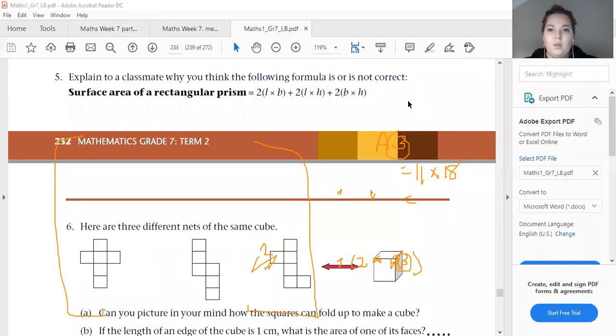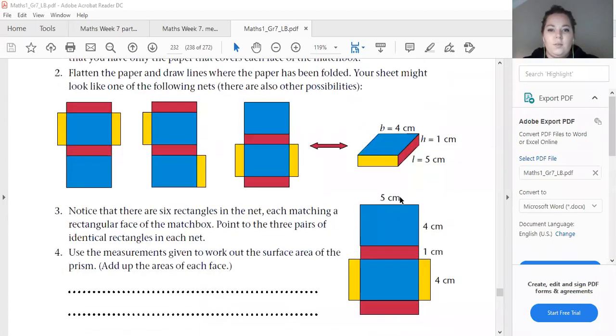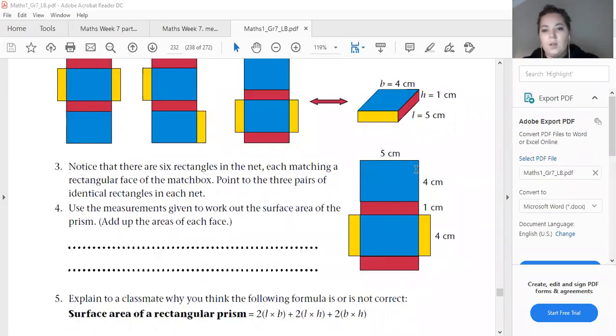Let me just remove this. So what happens is you've basically got this shape here with that question. It is going to be similar. You've got a rectangle there and there that is the same, and those two are different. So just keep that in mind.